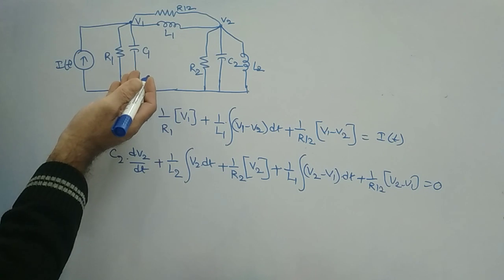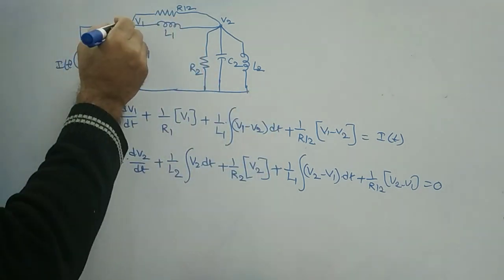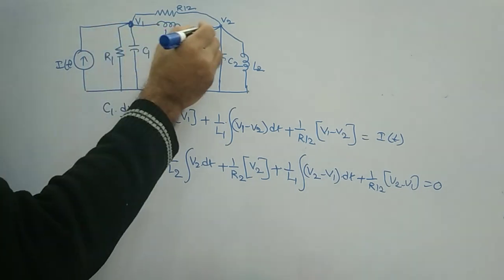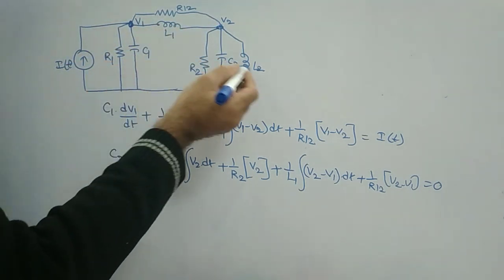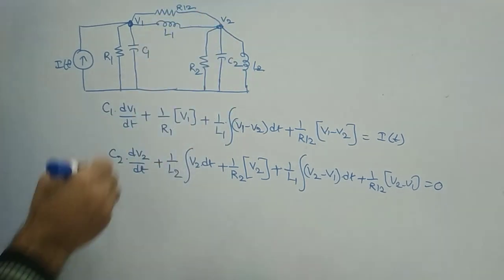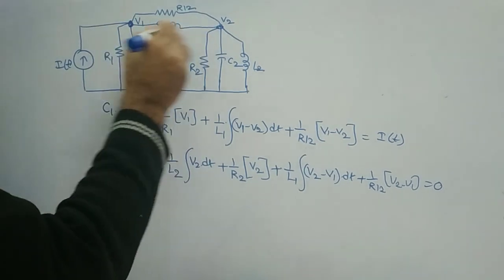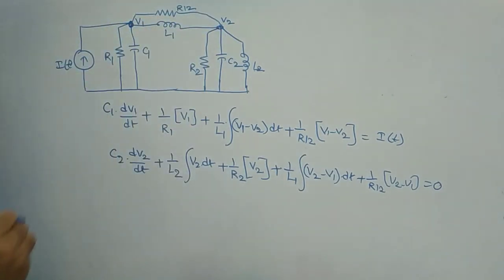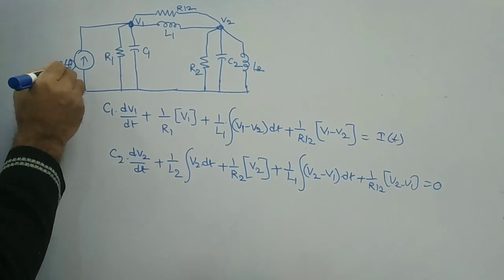If you compare these two expressions with this electrical circuit, the RLC elements are in parallel combination, and the common elements come in between the two voltages, while I of t is the input here.